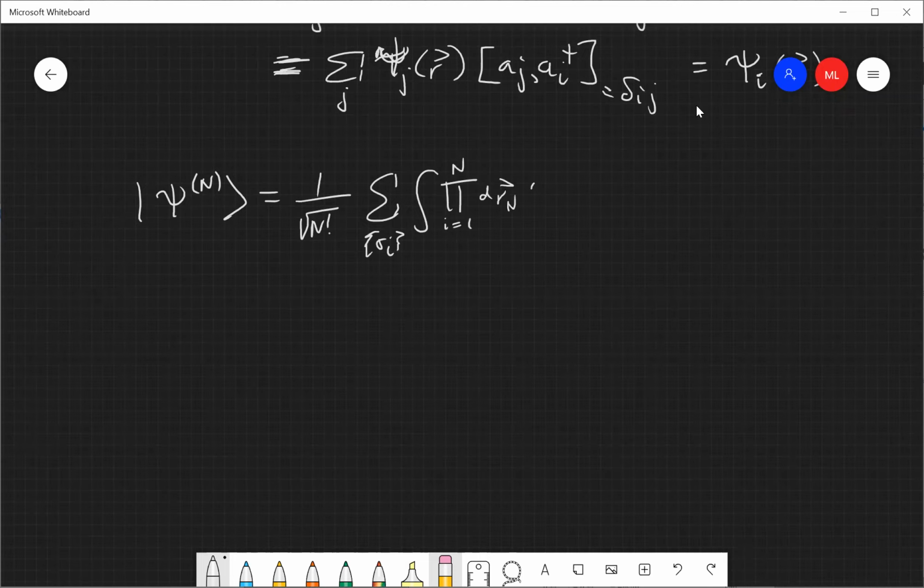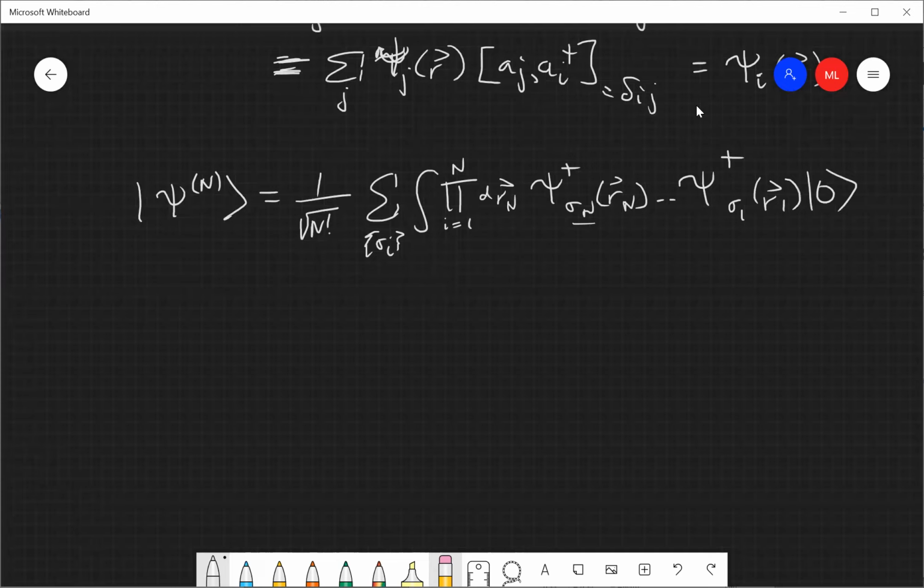I would have a bunch of creation operators generating particles for spin states sigma and coordinates r. A bunch of these, and these are all going to act on the vacuum, popping particles in at those locations. And then for any particular coordinate configuration, there's going to be a coefficient associated with that, and that's just the multi-particle wave function, which is a number. So this sort of completes the picture.